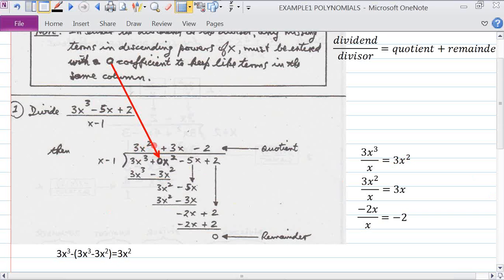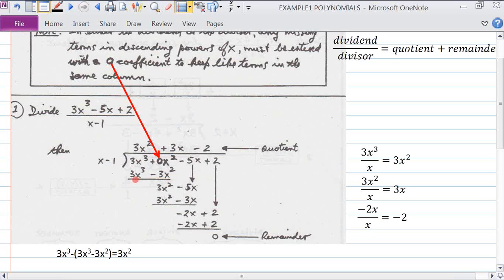So that gives us that term right here. Now we multiply the 3x squared by x minus 1, so 3x squared times x gives us 3x cubed. 3x squared times minus 1 gives us minus 3x squared.